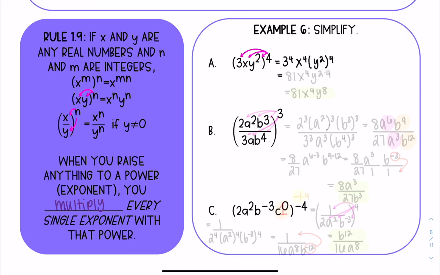Well, 3 to the 4th is 81. We have x to the 4th. And then with our y squared to the 4th, we go back to rule 1.9, the first part, and it says that if I have something raised to a power, then I need to multiply the powers together. So we really have y to the 2 times 4. And so our final answer is 81x to the 4th, y to the 8th.